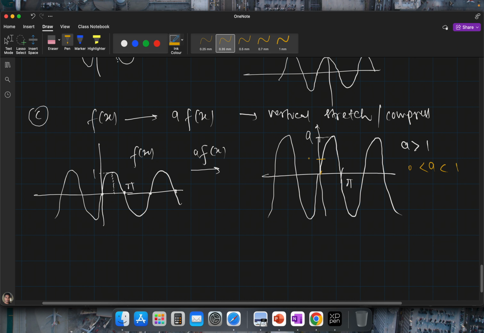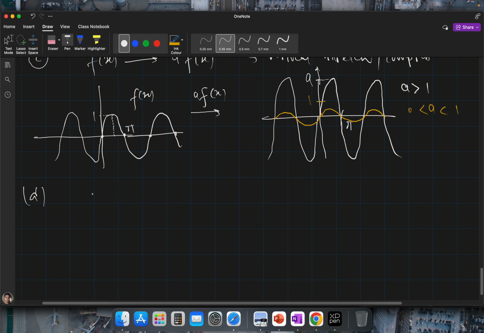Suppose earlier it was 1, now it will be something like this. It has compressed. This is again the graph of a times f(x), but it has been compressed because a is between 0 and 1.